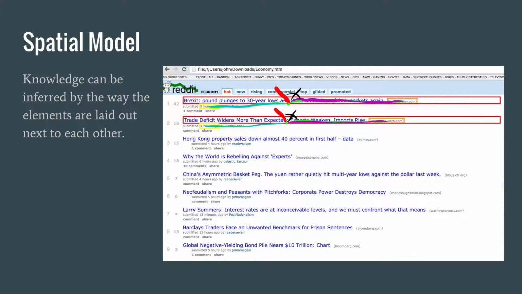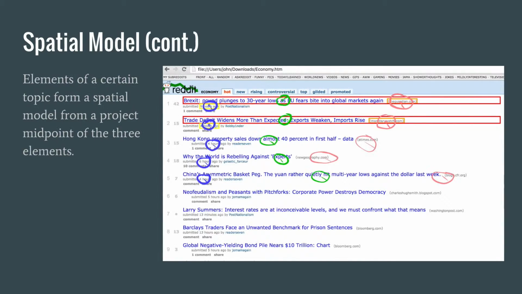How do you combine them together? We have the spatial model, right? So things that can be combined together are similar to each other based off their position in the web page. Here we use a geometric representation of that, and we can get into that. And you can see we can also include the variance from the midpoint, where these DOM elements lie.